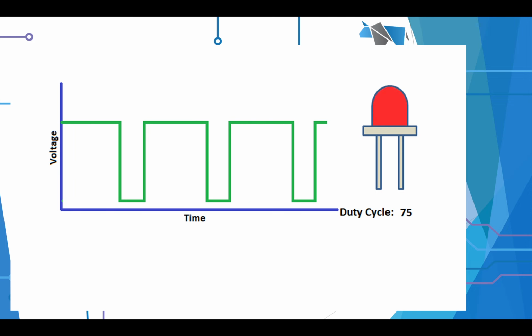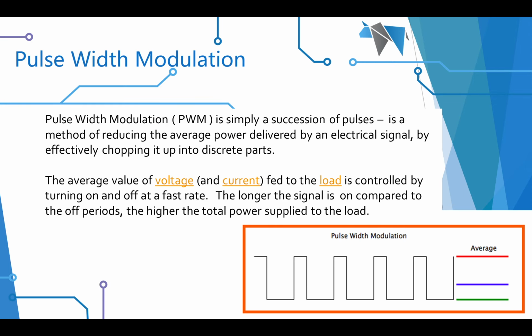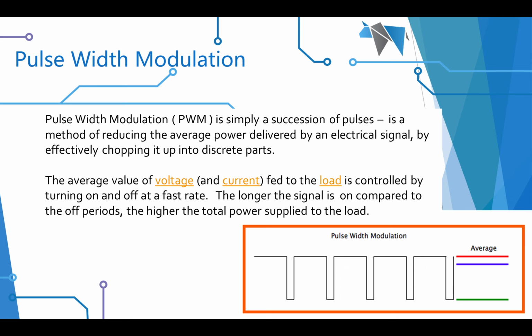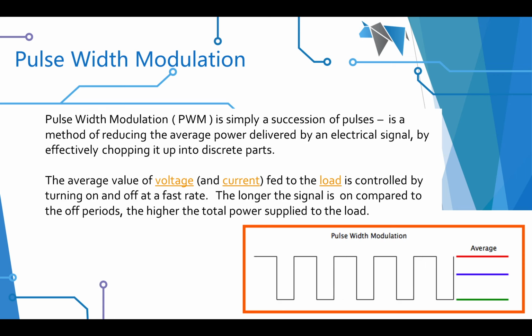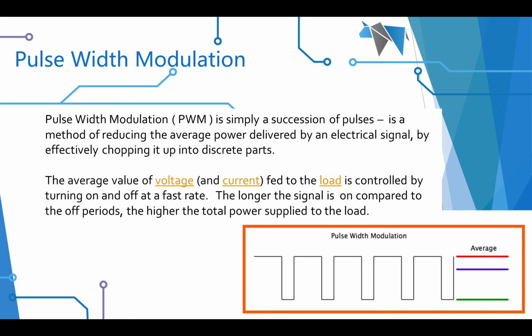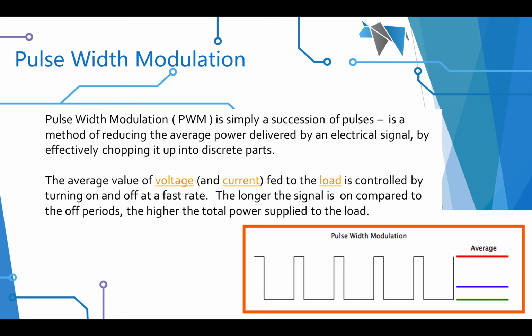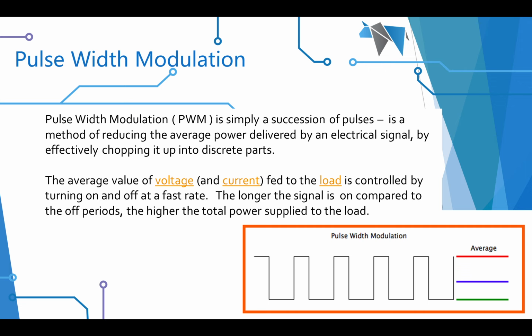It's great for controlling other things, but it's essentially what we're going to be doing. PWM is really a succession of pulses, and it's reducing the average power delivered by an electrical signal. It just chops it up into discrete parts. We can do that so many different ways, but it's extremely useful for controlling motors, LEDs, and other control signals.